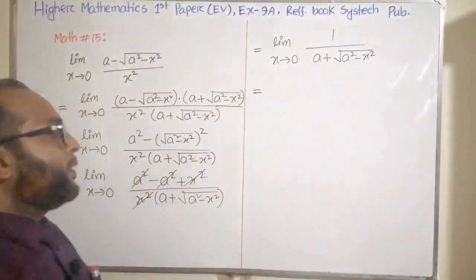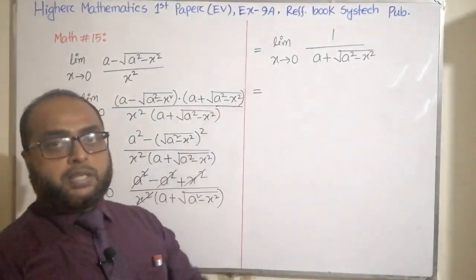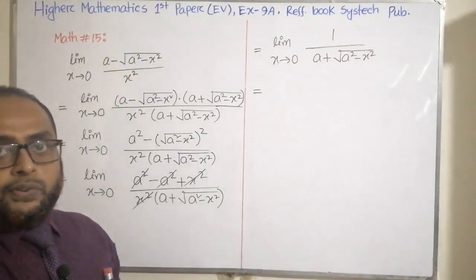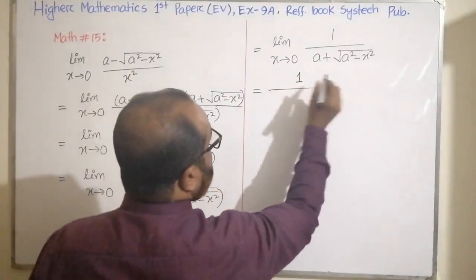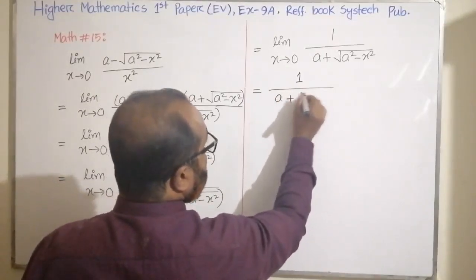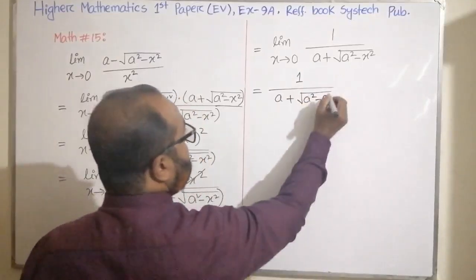This equals, now we can put the limiting value of x in this expression, and we will get a real value. This equals 1 divided by a plus root over a square minus 0.